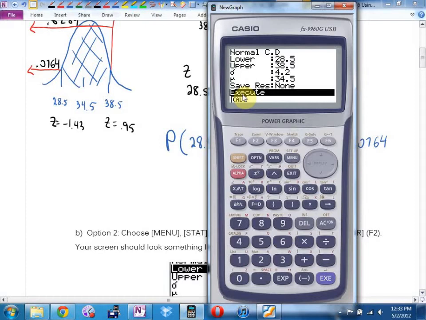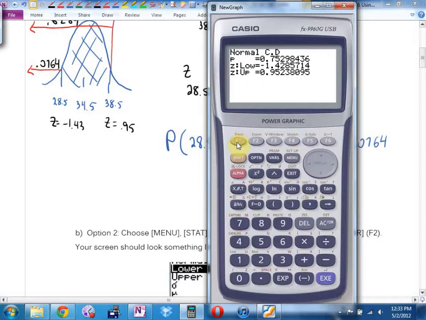Yeah. Now, here's my question. Do you now see why I've been telling you to draw the picture? Does that on your screen match what we sketched? Yeah? Now, unfortunately, all my calculator gives me are the numbers on the bottom of the drawn picture.